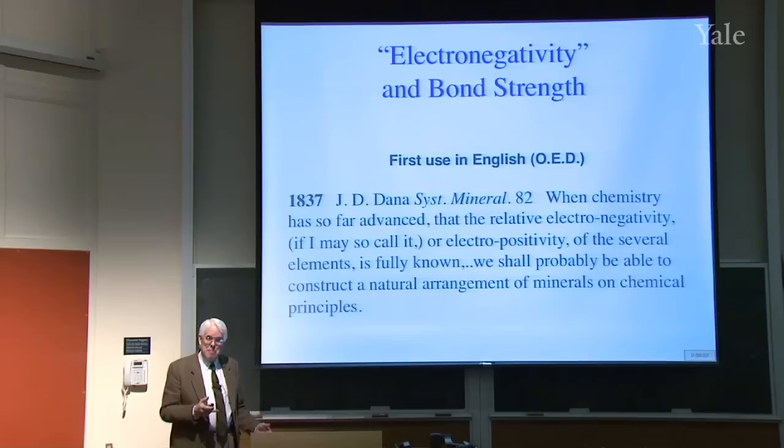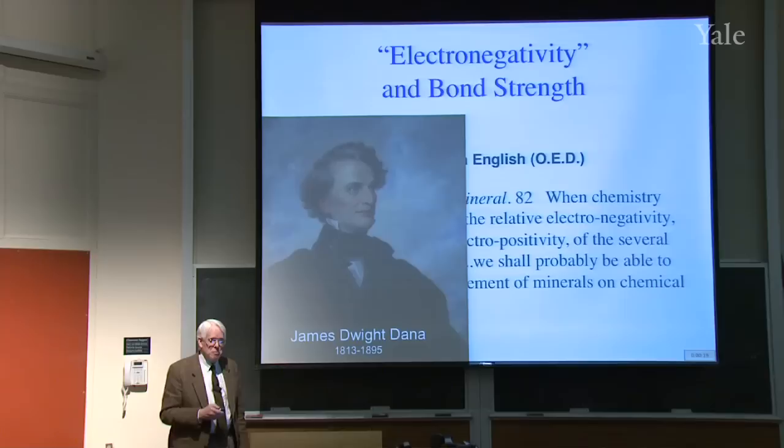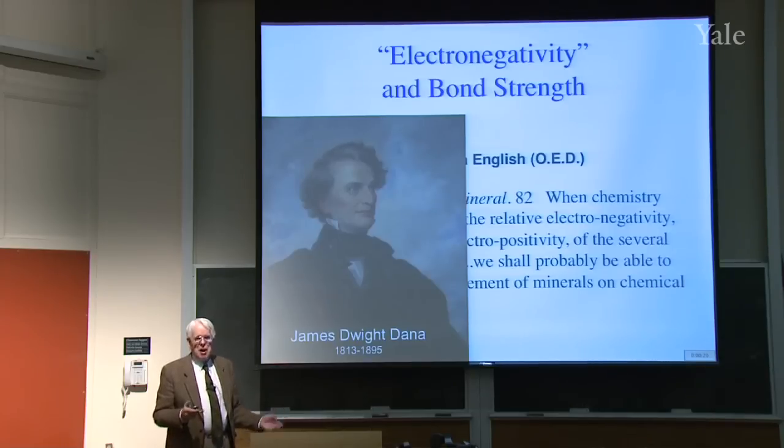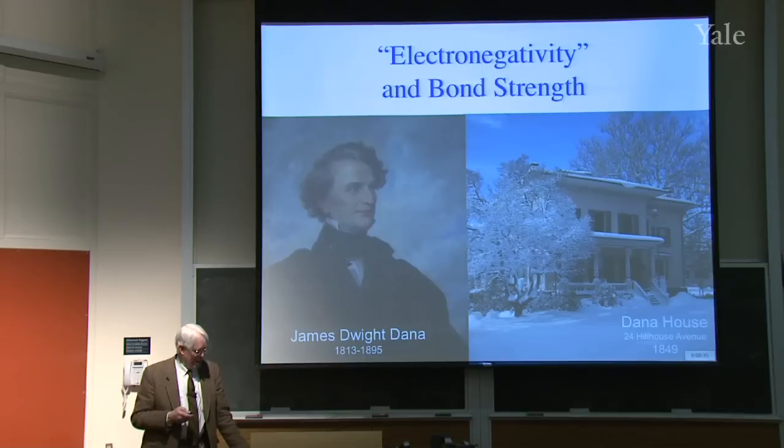The first use, I mentioned this last semester, in English, of the word electronegativity was in 1837 in System of Mineralogy by James Dwight Dana. And we mentioned that James Dwight Dana was a professor here at Yale in the 19th century. He lived in this house that you've walked by, which is now a National Historical Monument.